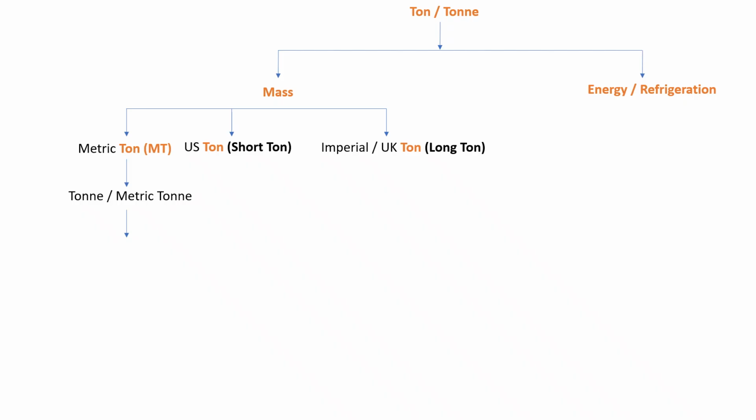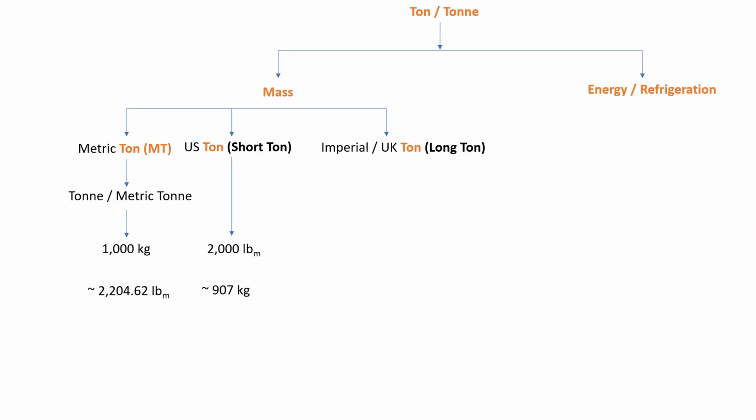So whenever you see double N in the tonne, this means that it is a metric ton, either denoted by the capital M, capital T, and this ton comprises 1,000 kg or 2204.62 pound mass. So this is the ton with double N having 1,000 kg in terms of mass.